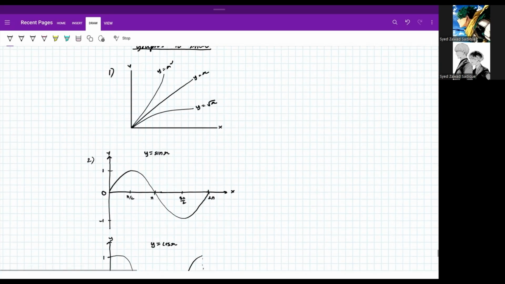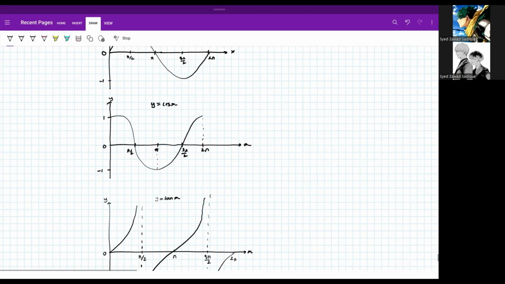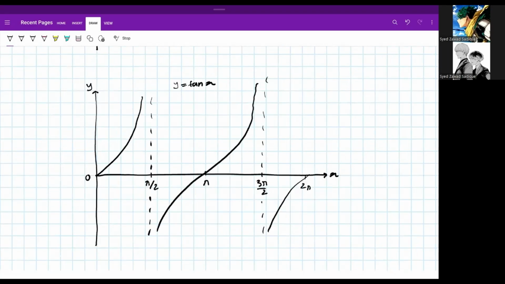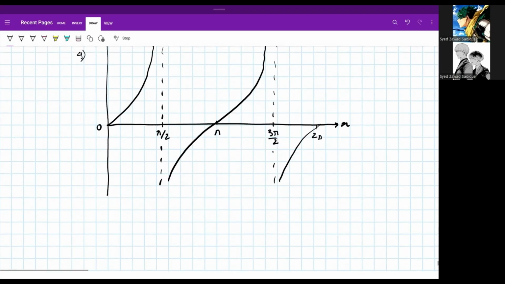So, two. This is of course 3. This is 4.